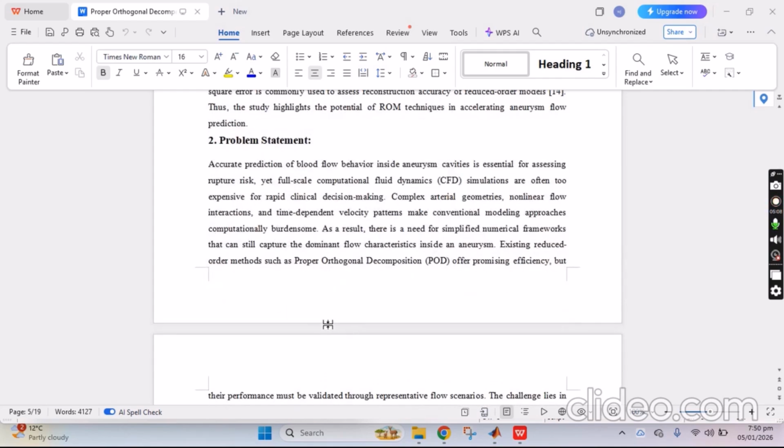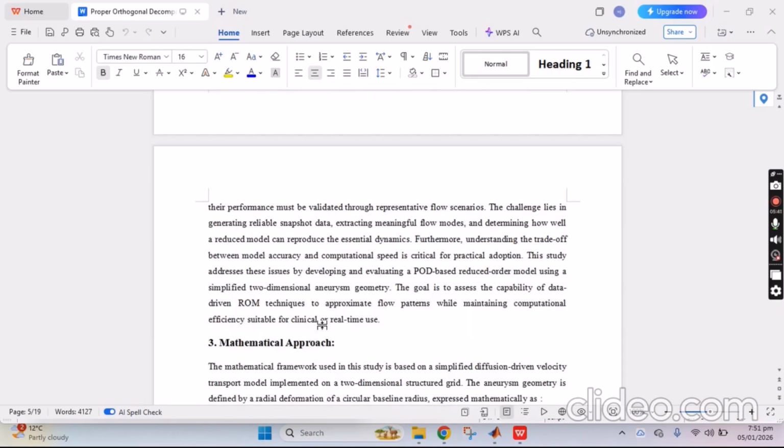The problem statement is about how we identify the rupture risk. Full-scale computational fluid dynamics simulations are often too expensive for rapid clinical decision making. The complex arterial geometries, nonlinear flow interactions, and time-dependent velocity patterns make conventional modeling approaches computationally burdensome.